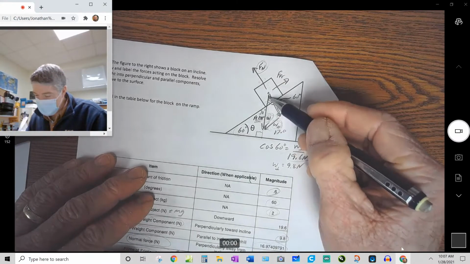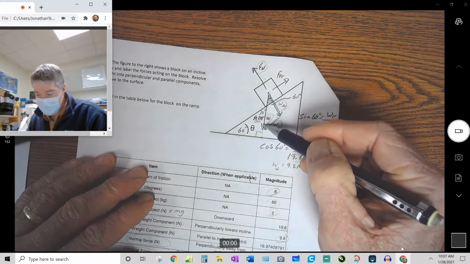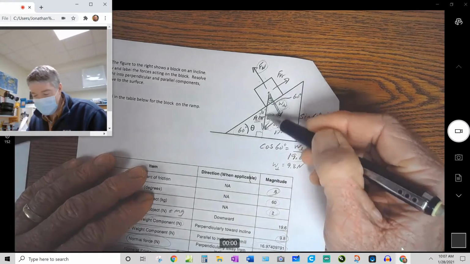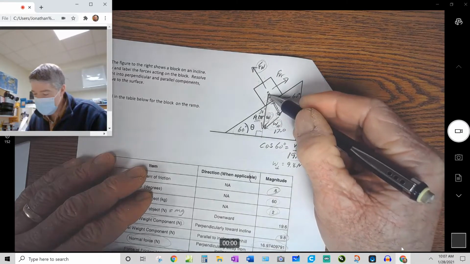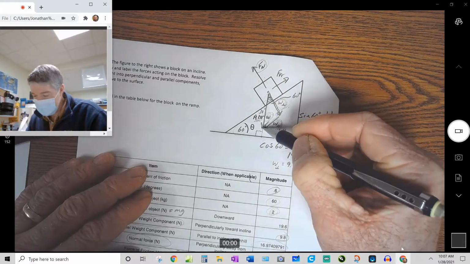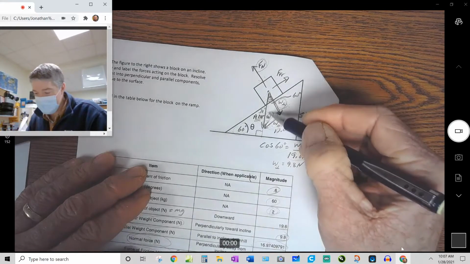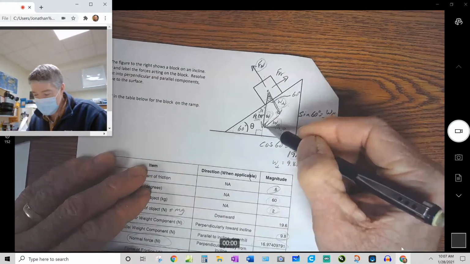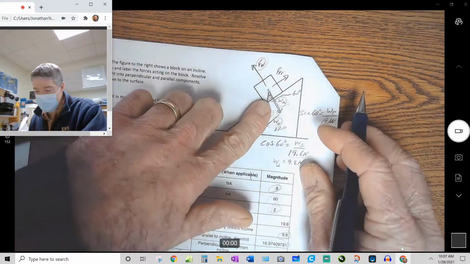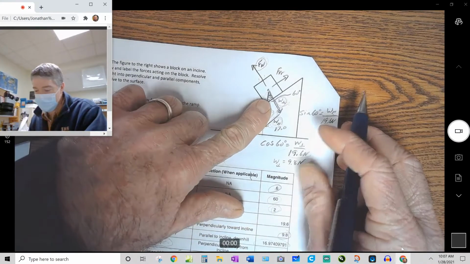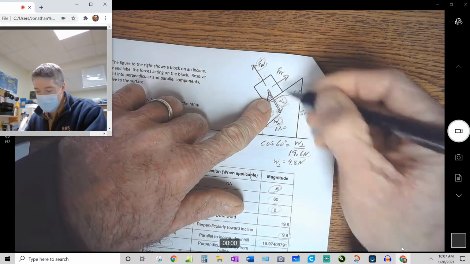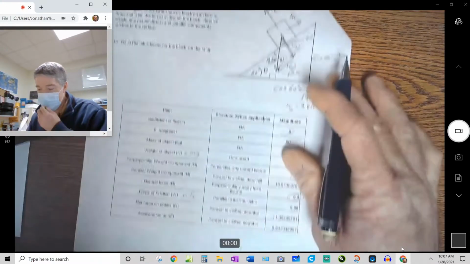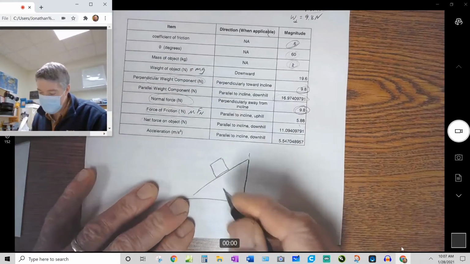The original weight is not really part of my calculations anymore, because I took this weight vector and I traded it in. I substituted its components for it because they're equivalent. So I'm not going to include that anymore either. So this and this cancel out. That just leaves me with friction, and it leaves me with the parallel component of weight.